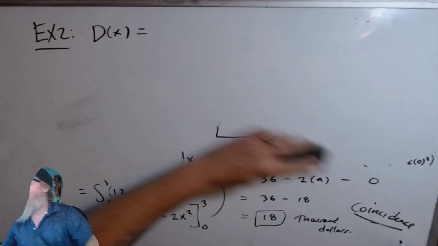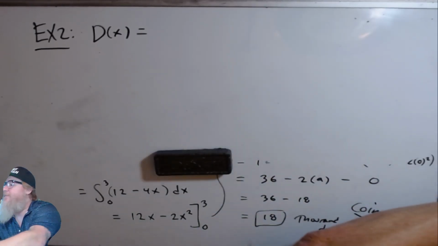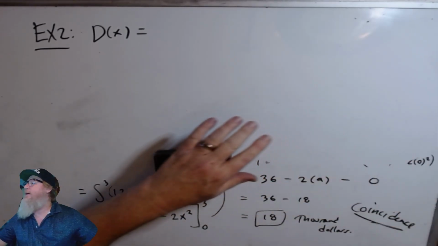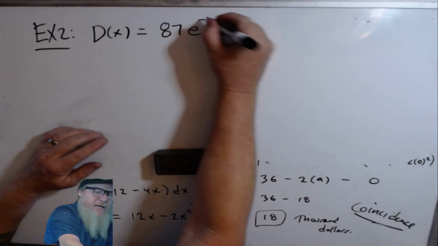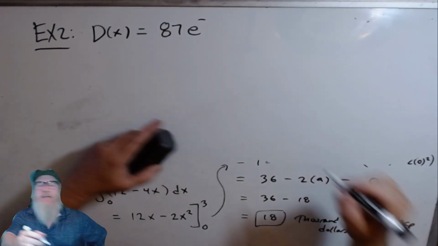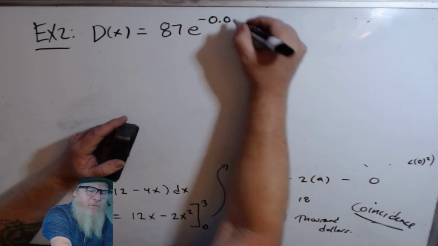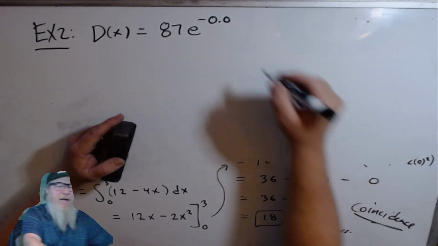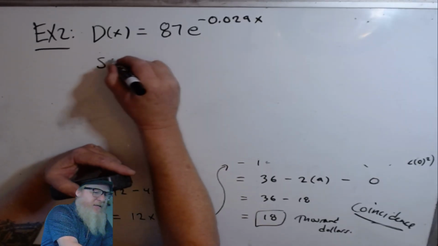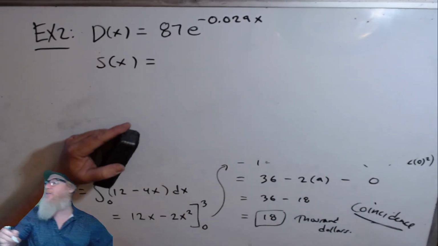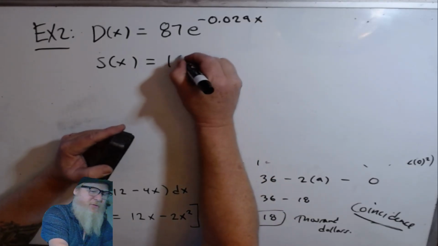So we got demand is 87 times e to the negative 0.29x. And supply, so these are natural exponentials.